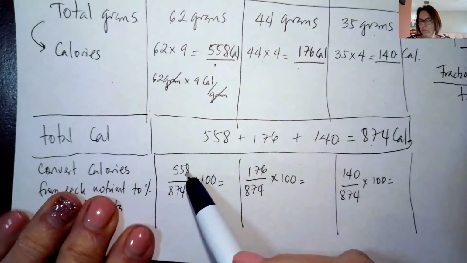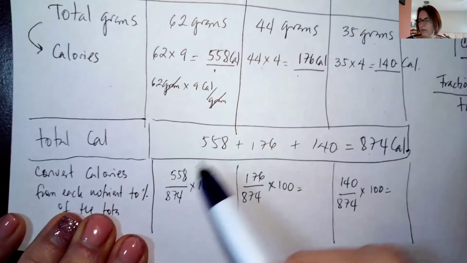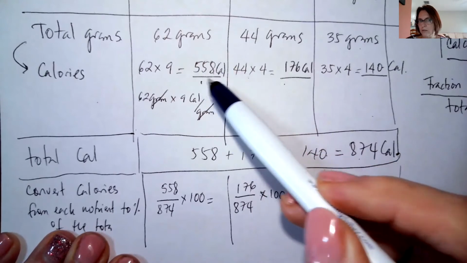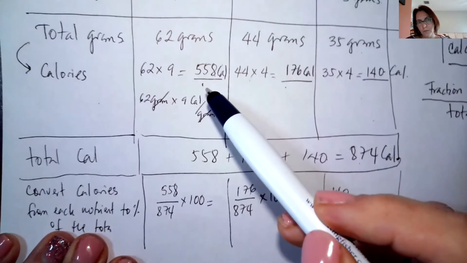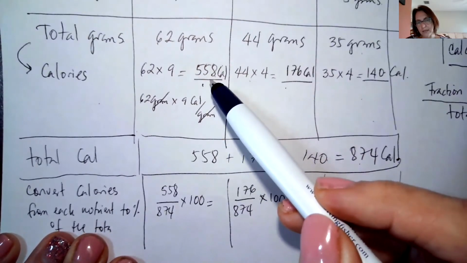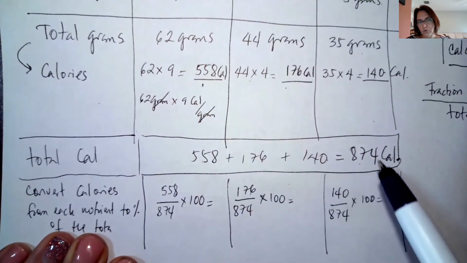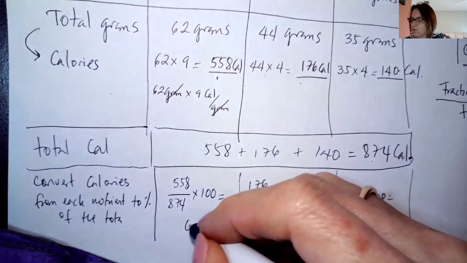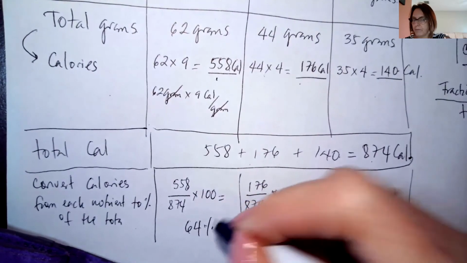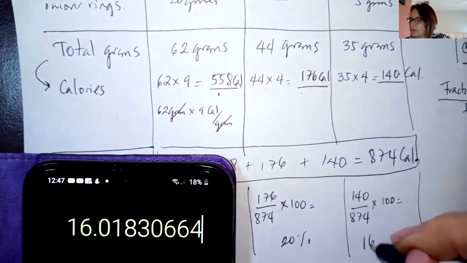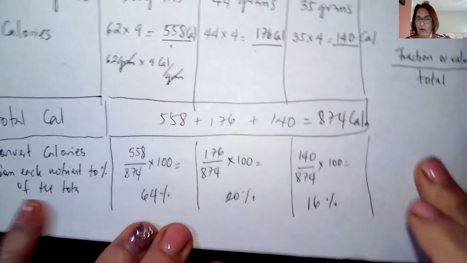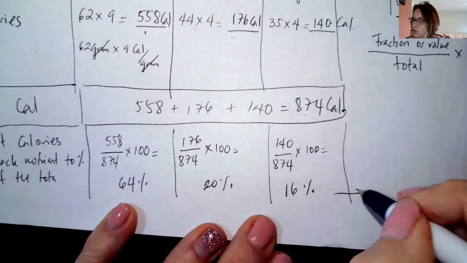So the value for which I want to find the percentage, I want to know what percentage this amount of calories represents in this total. So when I do this calculation, we get 64%, 20%, 10%.